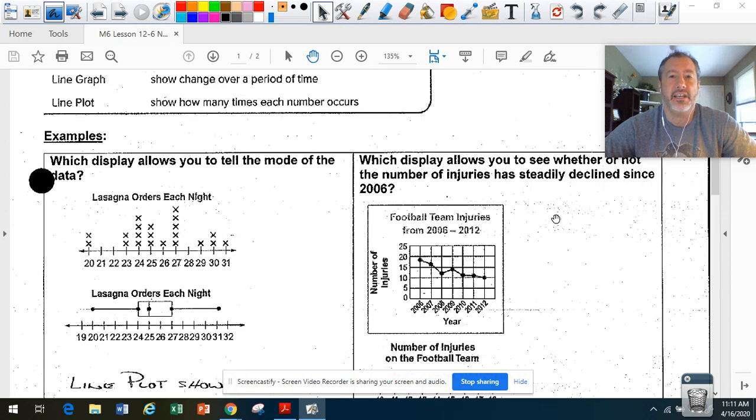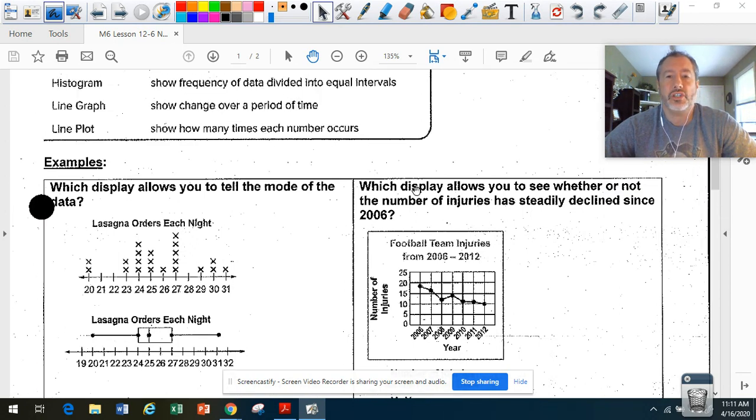So let's look here at the next one. It says, which display allows you to see whether or not the number of injuries have steadily decreased since 2006? So this time period here, we're looking since 2006. So basically, we're looking at things over time.